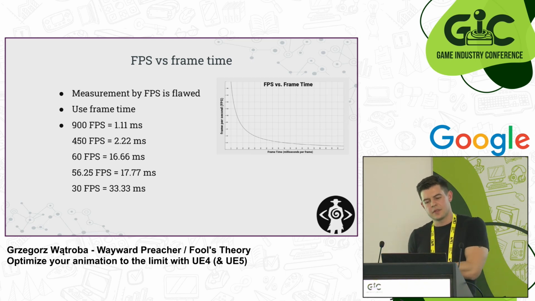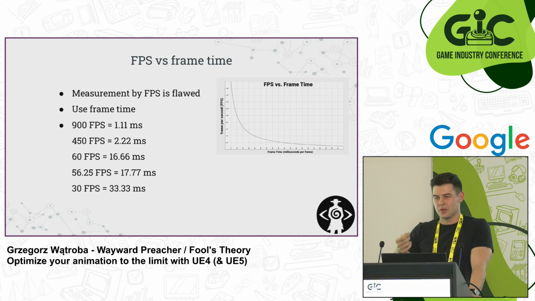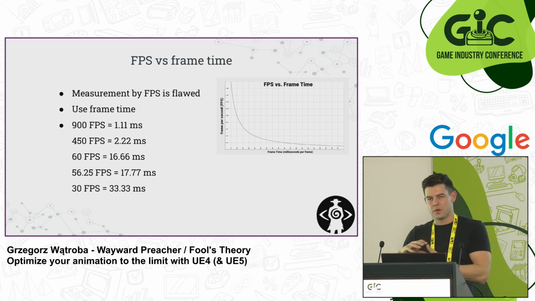If you look at the difference between 60 FPS and 56.25 FPS, this translates into 16.66 milliseconds and 17.77 milliseconds. So the difference here is the same, 1.11 milliseconds. But here, the drop in the frame rate feels far less dramatic.